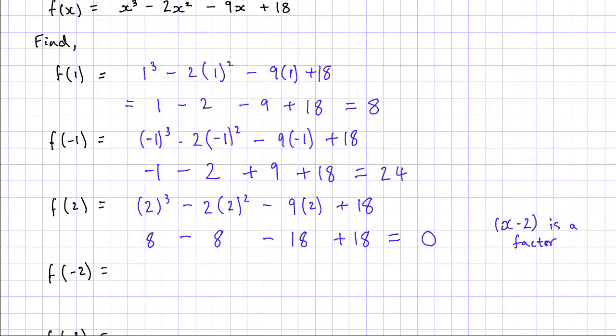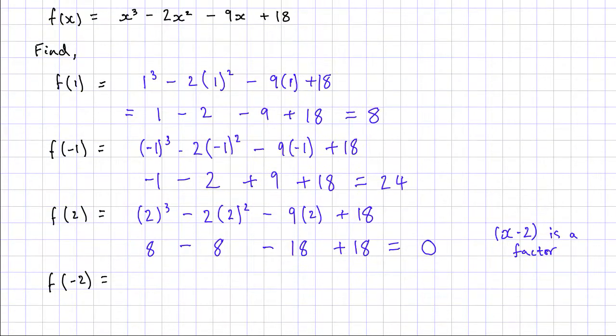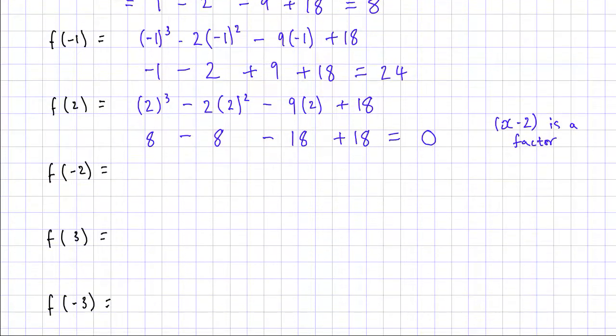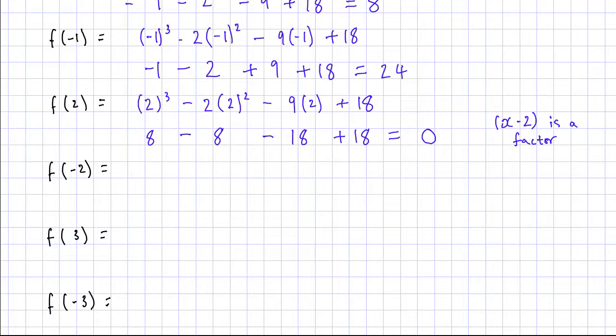Okay, x minus 2 is a factor of this cubic expression here. Now I'm going to carry on and work these ones out. So let's try this one. I have minus 2 cubed, take away 2 times minus 2 squared, take away 9 times minus 2 plus 18.